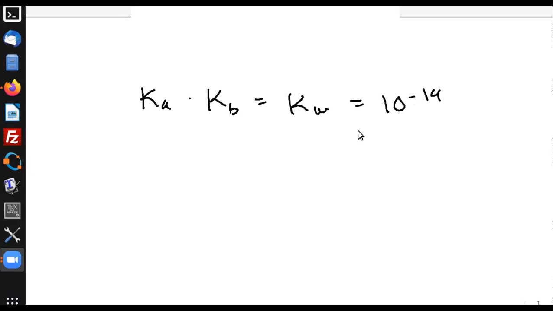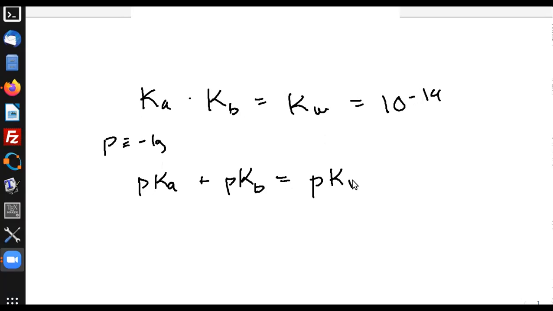If we take the negative logarithm of these, then we will have pKa plus pKb equals pKw, or 14. These two versions are equivalent.